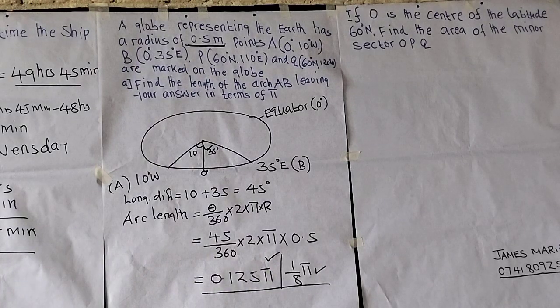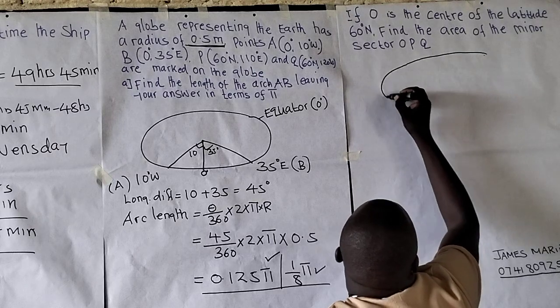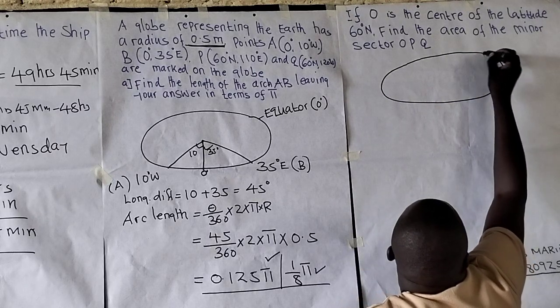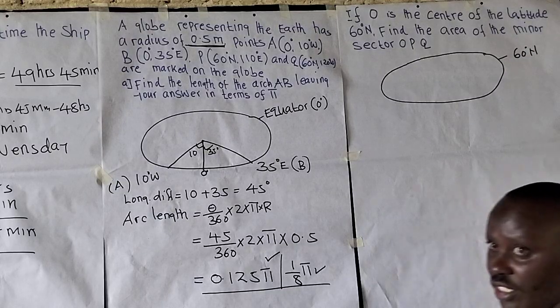If O is the center of the latitude 60 degrees north, find the area of the minor sector. So we can have that latitude, 60 degrees north.